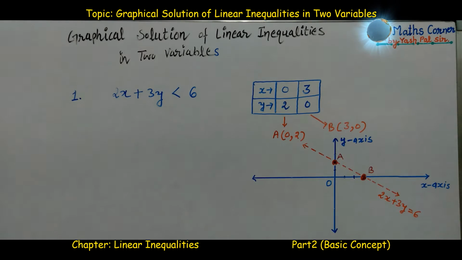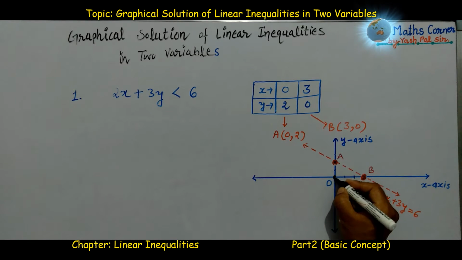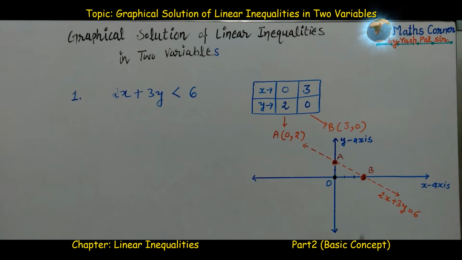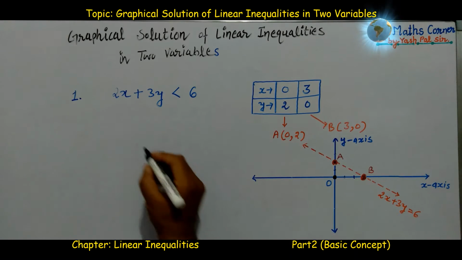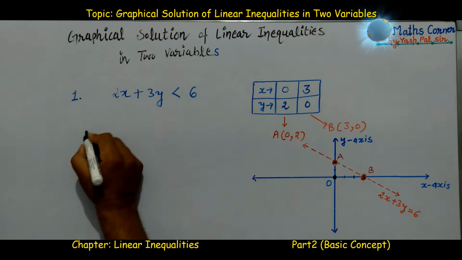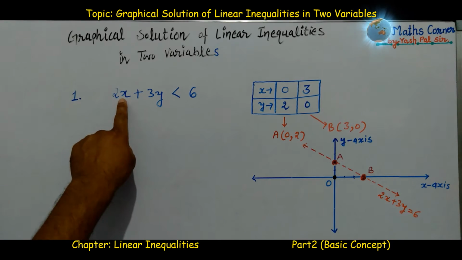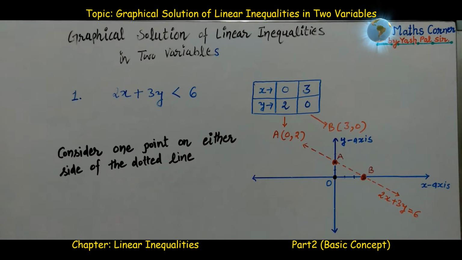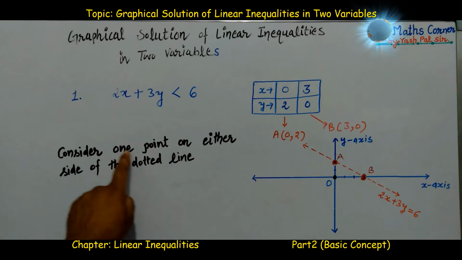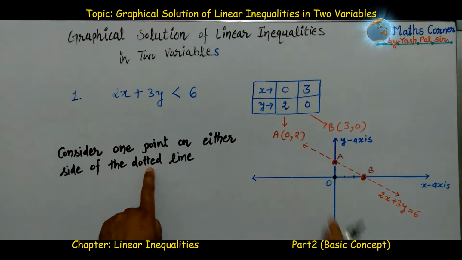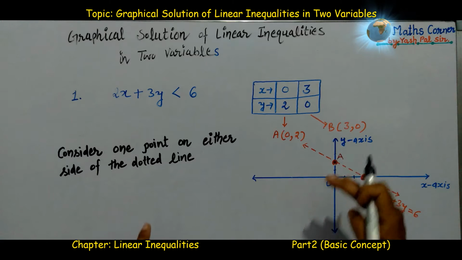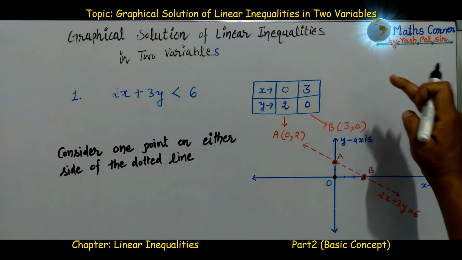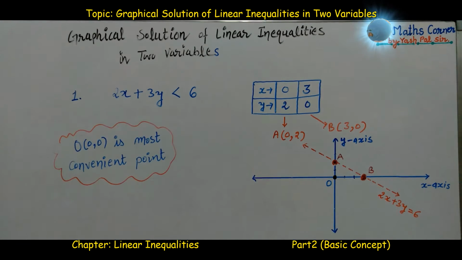The most convenient point is the origin O, (0, 0). Let us consider this (0, 0), and we substitute x equal to 0, y equal to 0 in the given inequality. Once again, consider one point on either side of the dotted line, and here the origin (0, 0) is the most convenient point.